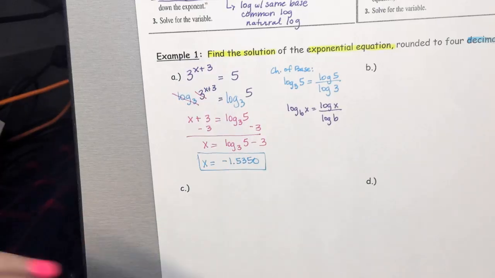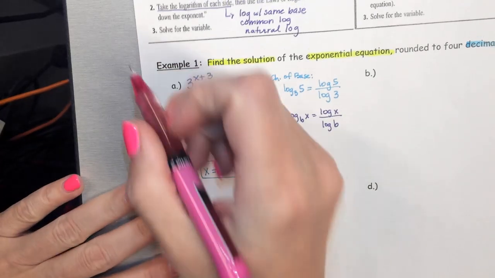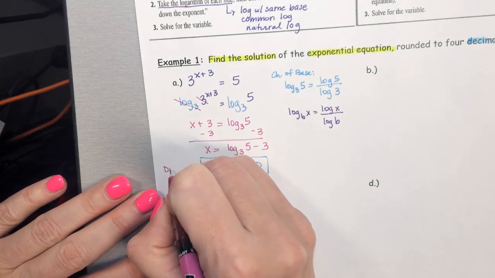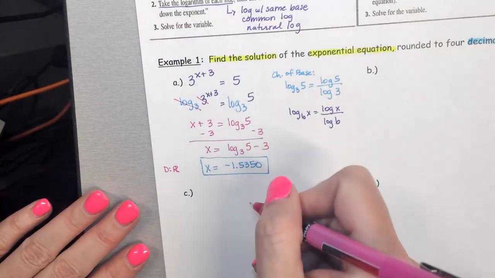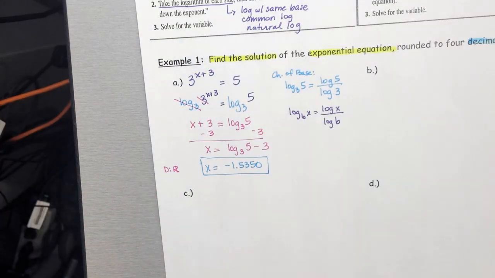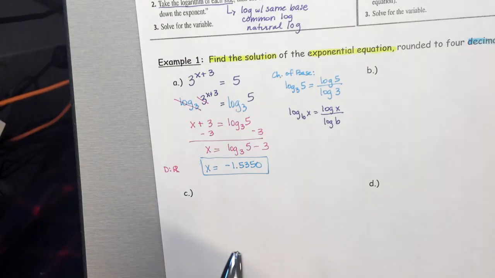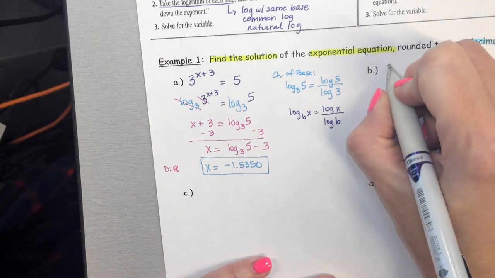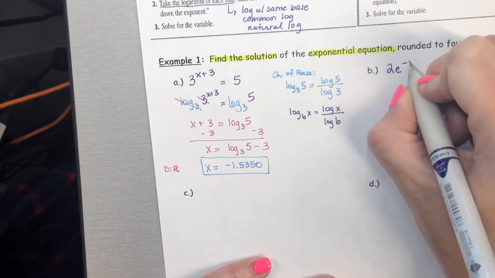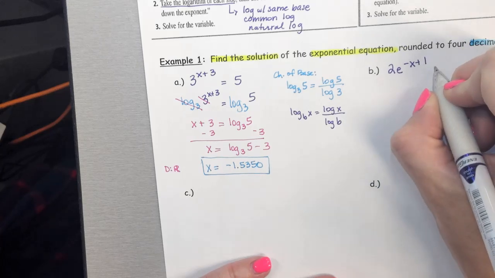So for this, there's no number I can't plug in for x. So if the domain is all real numbers, you don't have to worry about plugging it back in and getting an error. So you can just leave that, and we will go on to the next. So this is an exponential function with e in it.